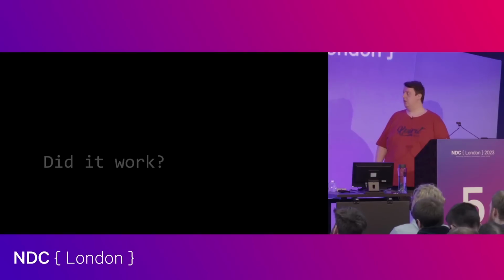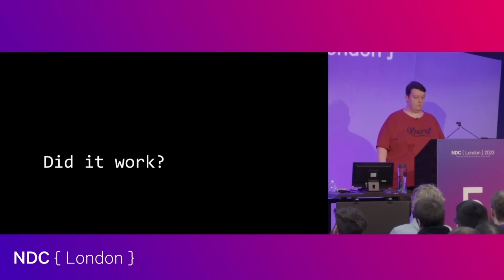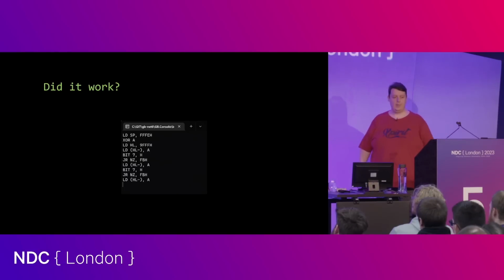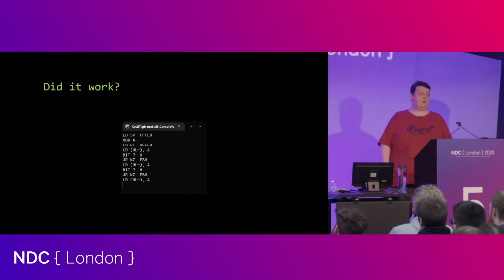Did it actually work? So I pressed F5 in Visual Studio, and I found the boot ROM code. So I just said, look, try to run this. And this was my console output. It started doing something, but was it doing the right thing?